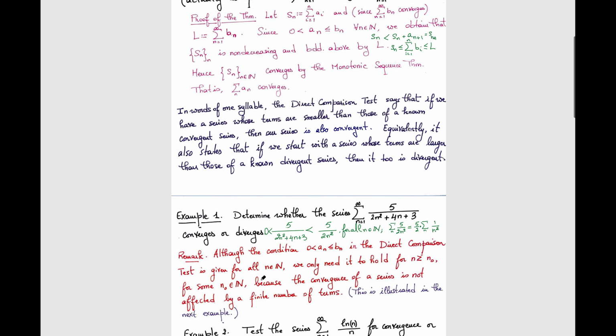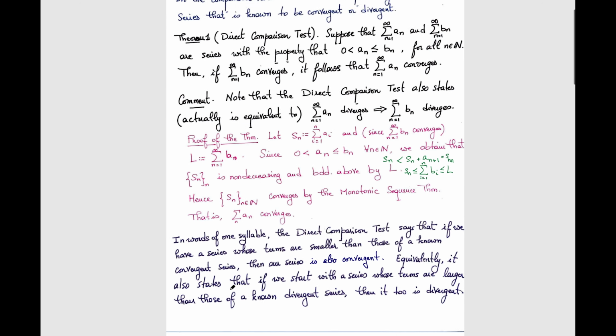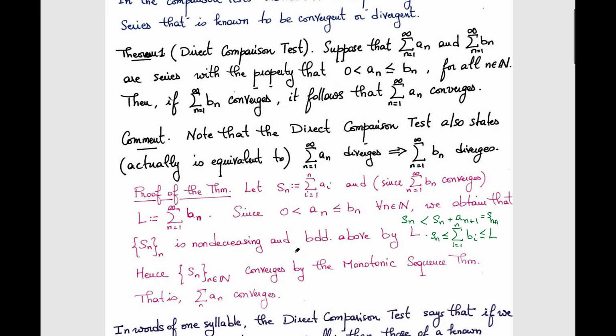Well, what this is saying is you don't need it for all of the natural numbers. You just need it from a certain rank onward. Why? Well, what happens if this only holds from a certain rank onward?